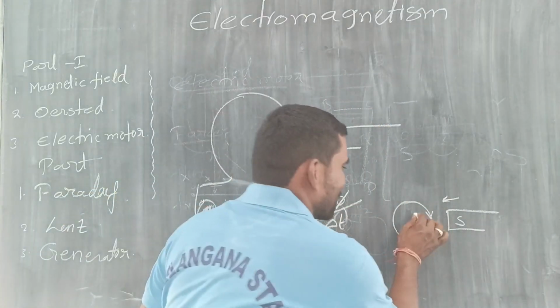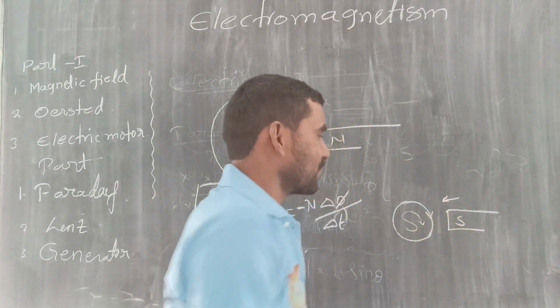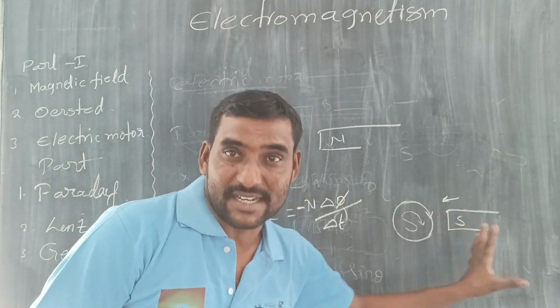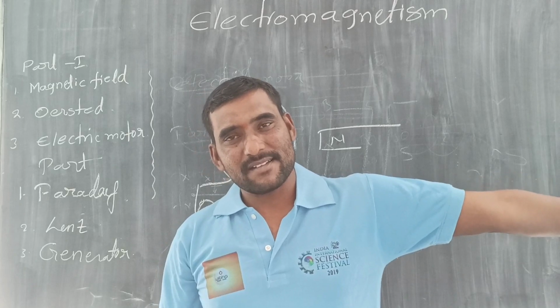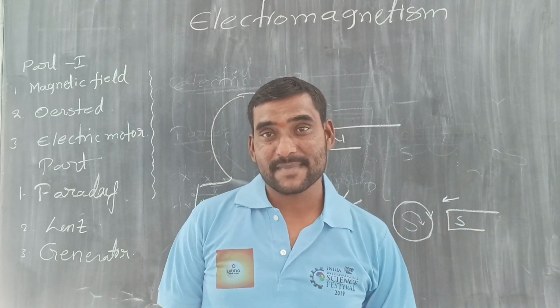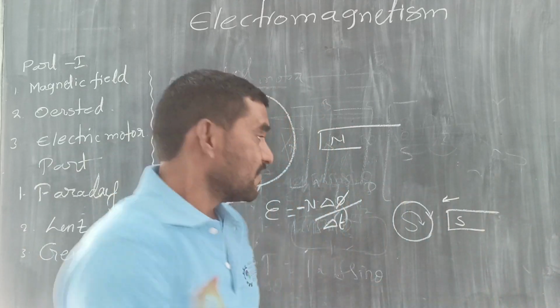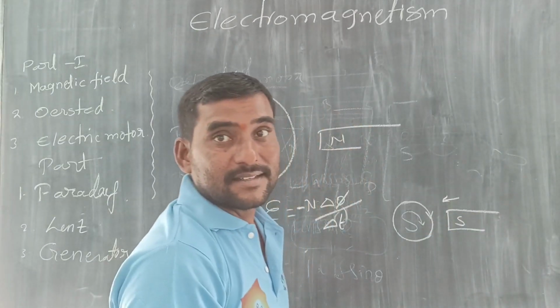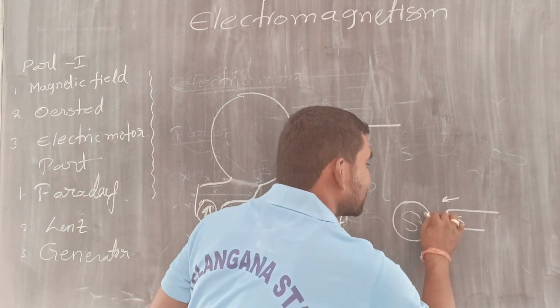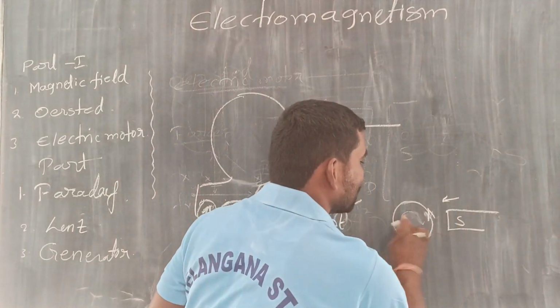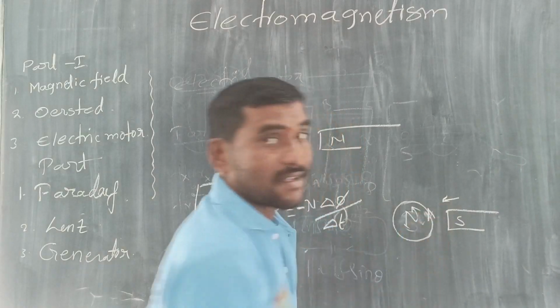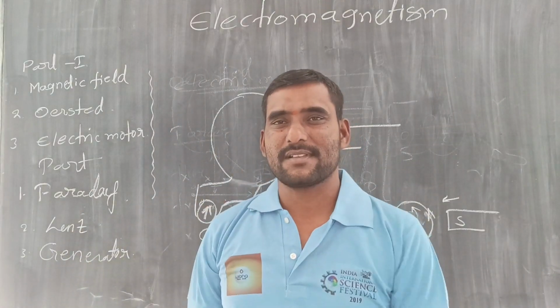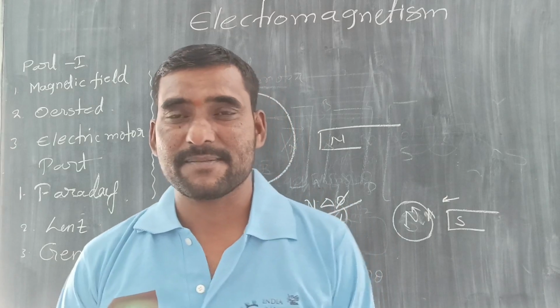So with clockwise current, a south pole forms, which repels, that's why it goes back. When the south pole is taken back, the anti-clockwise direction forms a north pole. In the same sense, you can check it for the north pole.